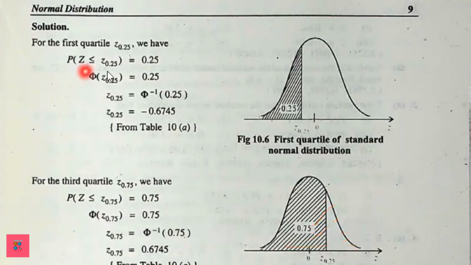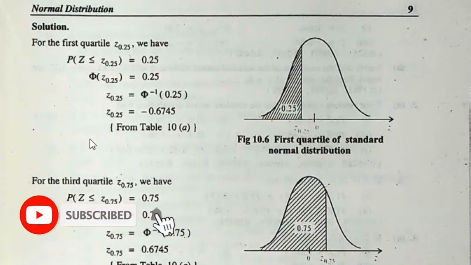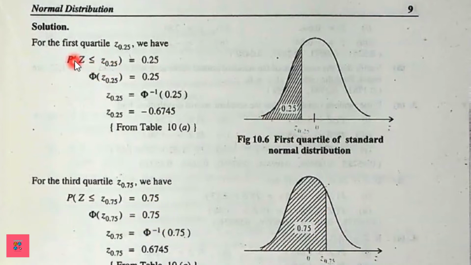First, this is quartile 1. You know that below the first quartile there is 25 percent area, 0.25 area below this point. So required is Z 0.25. We will write it as probability Z less than. Always write less than, because it starts from minus infinity. Probability Z less than is replaced by phi.